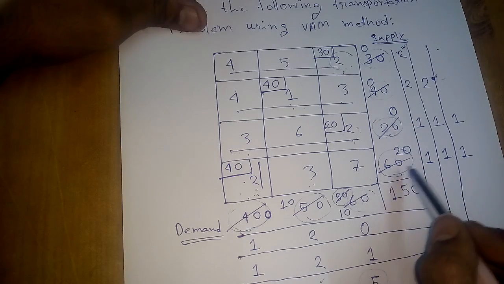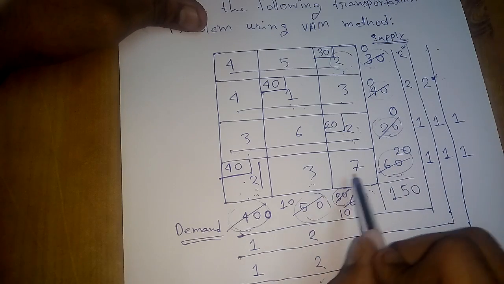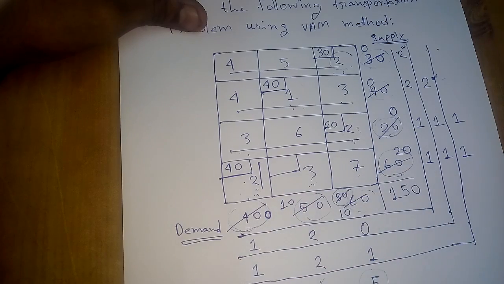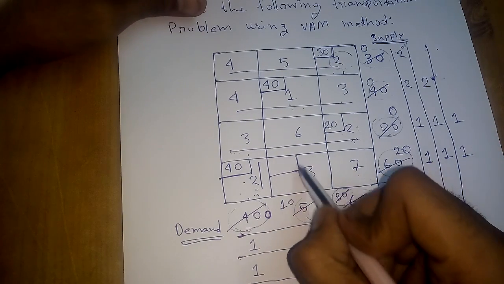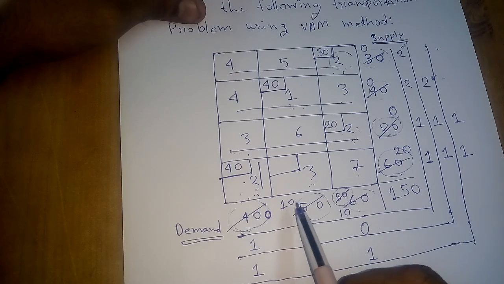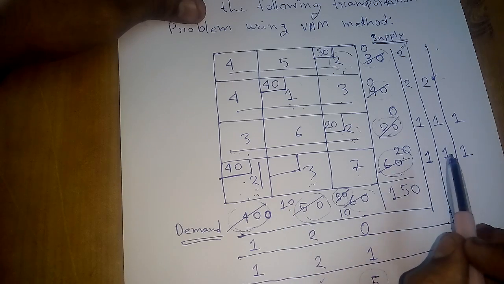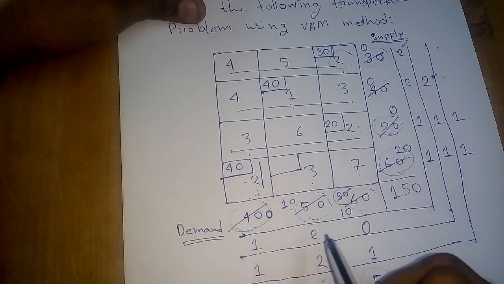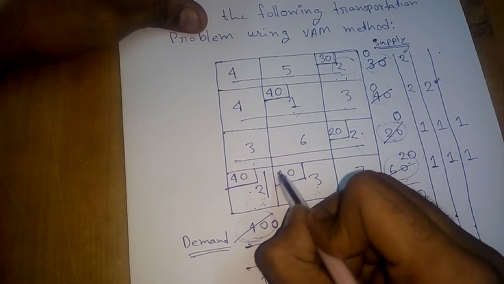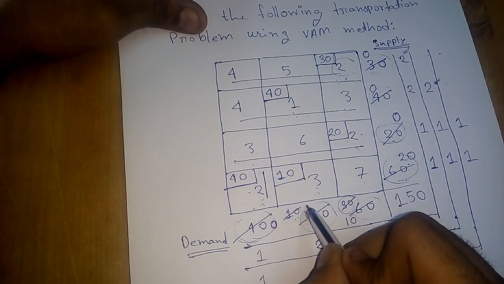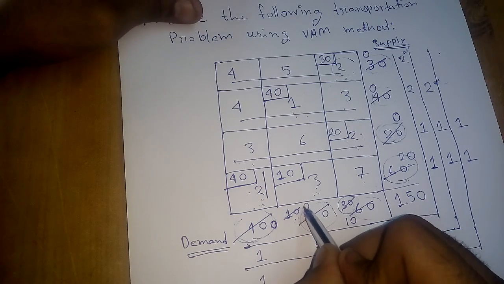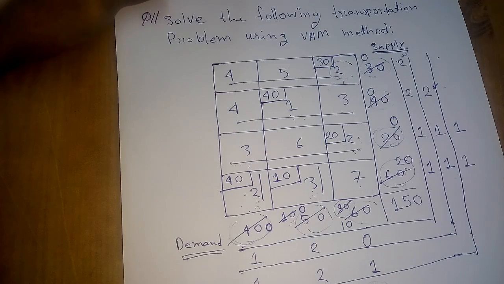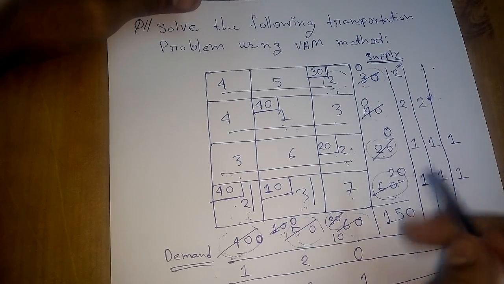After that, the lower value is 3 and 7, and between 3 and 7 it is 3. So we will select this row, this column, and the lesser value is between 10 and 20. Sorry, yes, the lesser value between 10 and 20 is 10. So we will write 10 here, and we cancel this 10, and the remaining value will be 0, and this column will be cancelled.